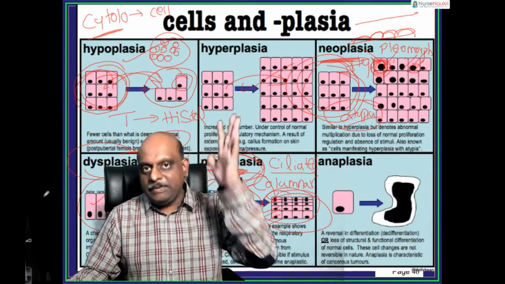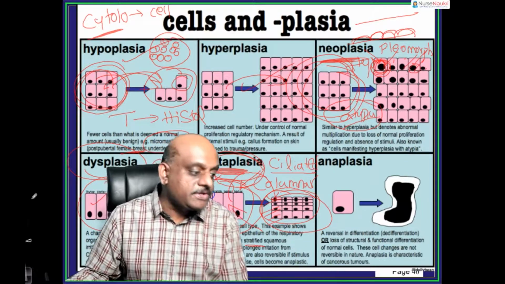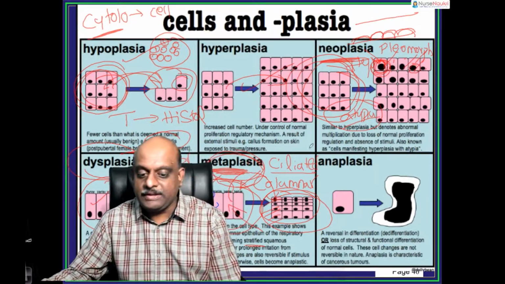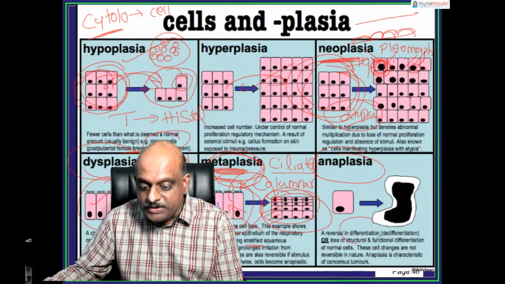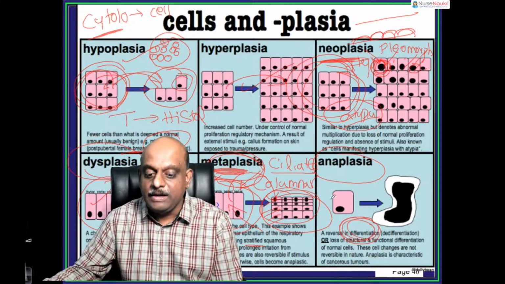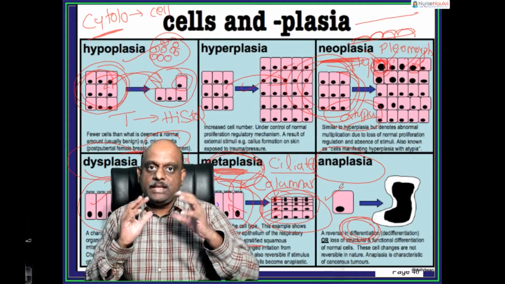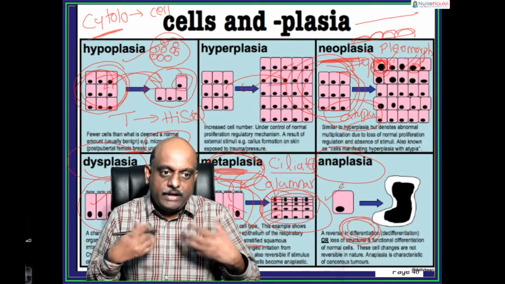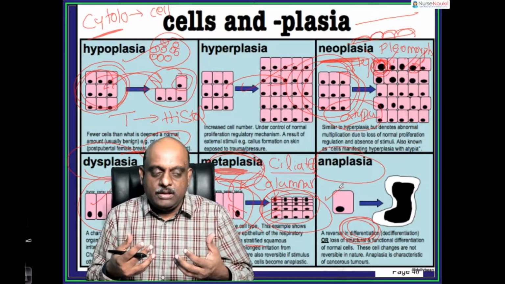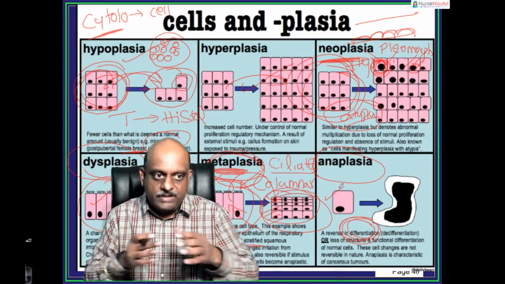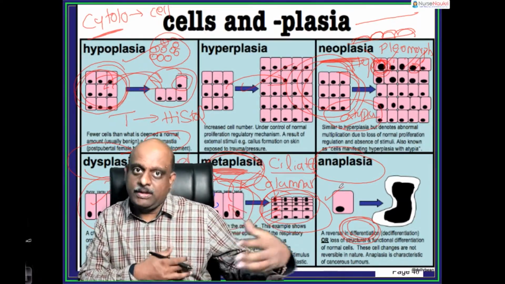What is anaplasia? This was an AIIMS staff nurse recruitment exam question. Anaplasia is a reversal in differentiation. That means a differentiated cell. Cells, when the embryo is created, become differentiated. That means every cell has its own shape, look, everything.